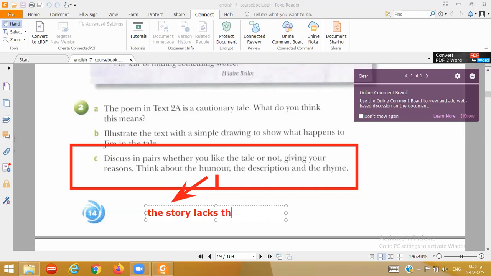So the story lacks a sense of humor. If he did put some humor, I certainly didn't notice it. And the description? What about the description? Well, I think we don't have a lot of sensory details, right?